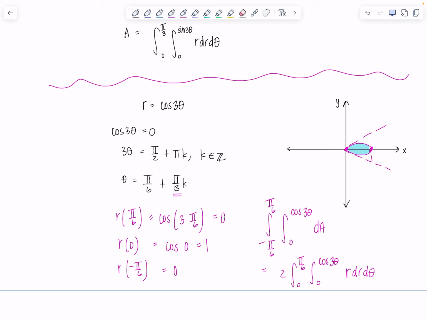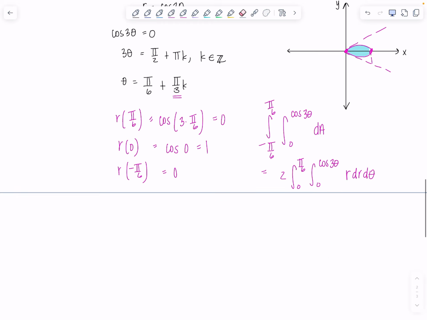Okay, that was 21. Let's do 35. Use polar coordinates. Now we're finding the volume of the solid that's above the cone, z equals the square root of x squared plus y squared, and below the sphere, x squared plus y squared plus z squared equals 1.